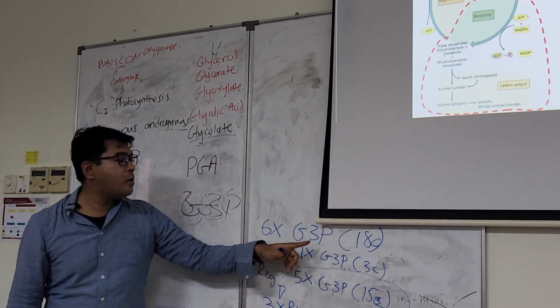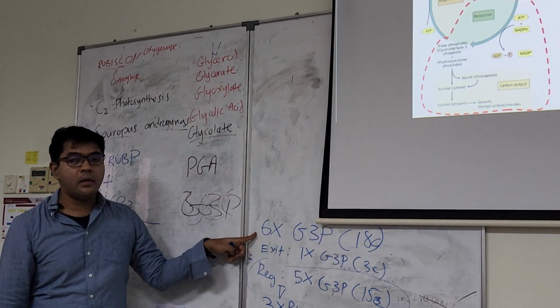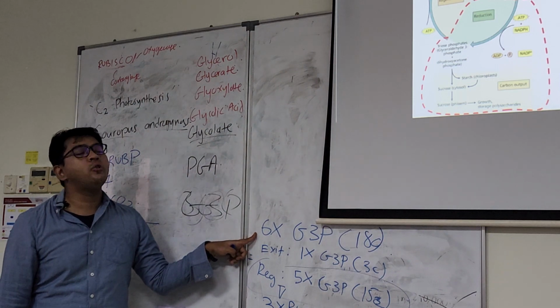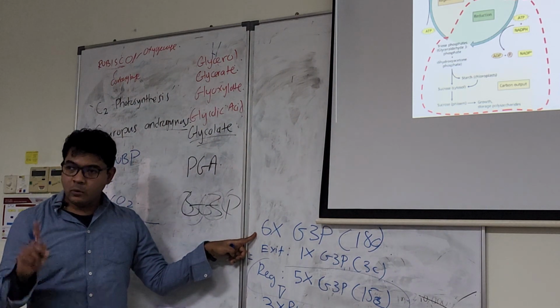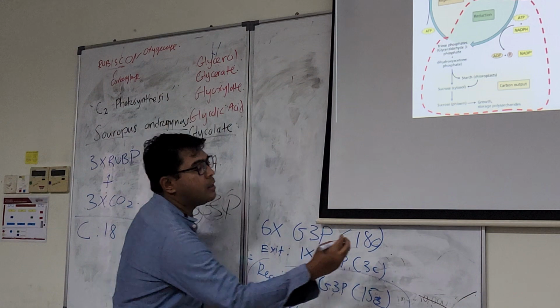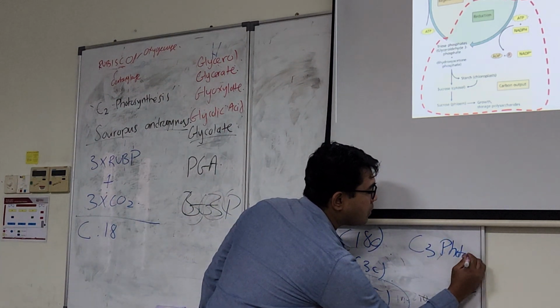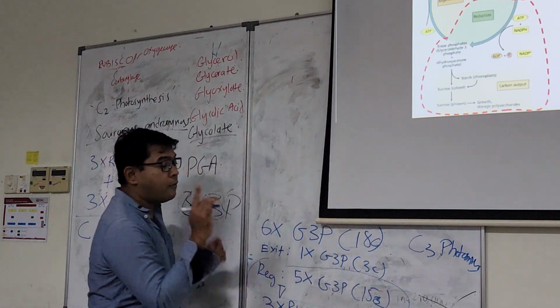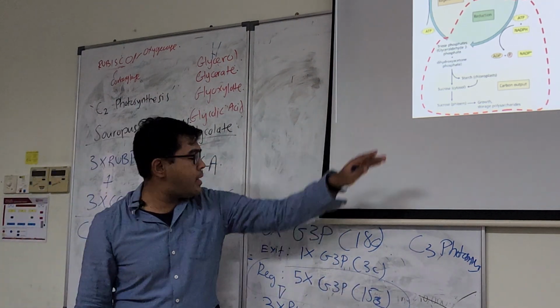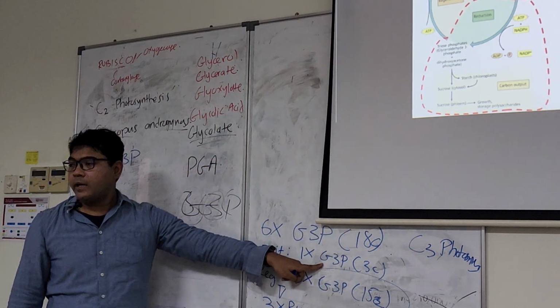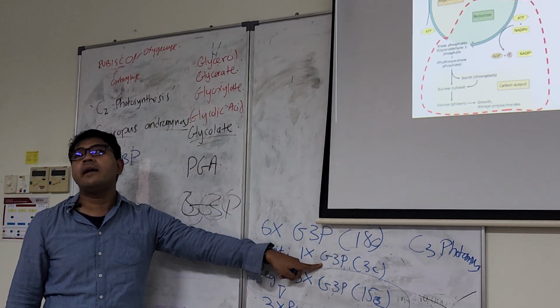However, not all 6 molecules of G3P will exit and make sugar, starch, whatever. Only one, the precursor, hence the word precursor. That's why it's called C3 photosynthesis. This is why, because the first product is G3P, 3 carbon, glyceraldehyde 3-phosphate.